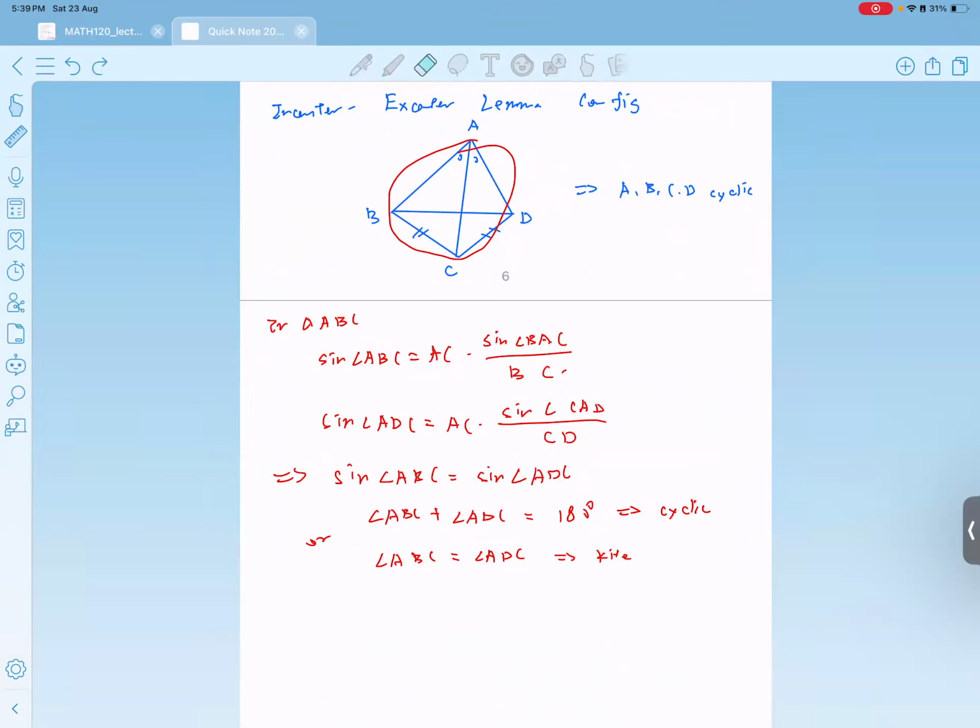If you have a kite, then the opposite angles will be equal, so if there's this alpha, then you have 2 alpha and it'll be equal to 180, and you need alpha equals 90, which is not necessarily the case.